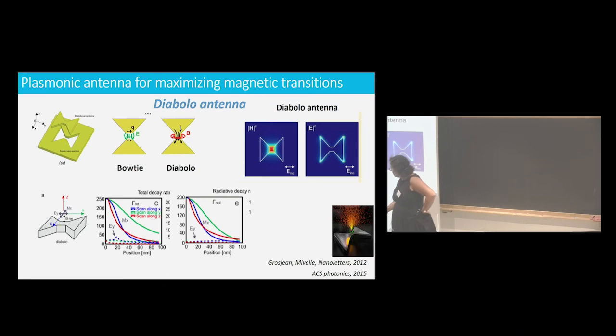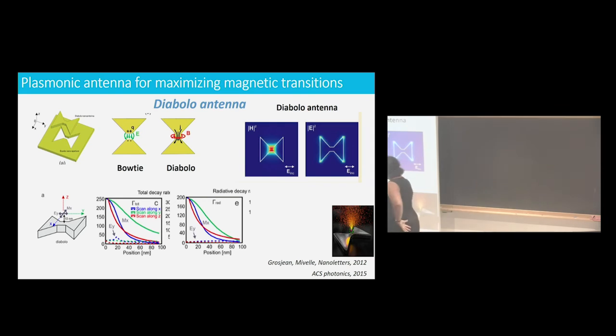Here you have the diabolo, and the response of the system has been calculated: the magnetic field, the decay rate, and the radiative decay rate, so the intensity that you can get if you put a magnetic or electric particle close, at 10 nanometers from the antenna. The response is here.